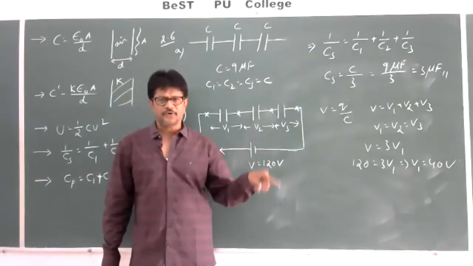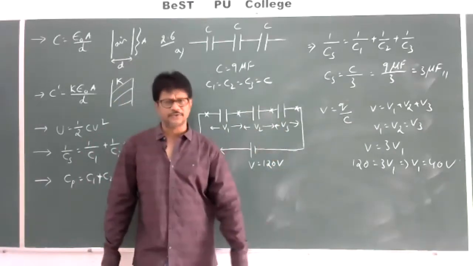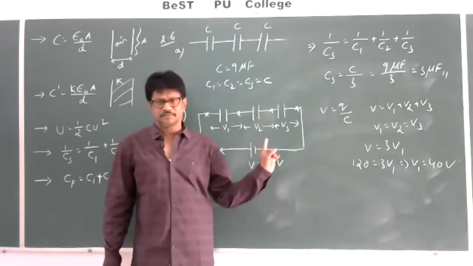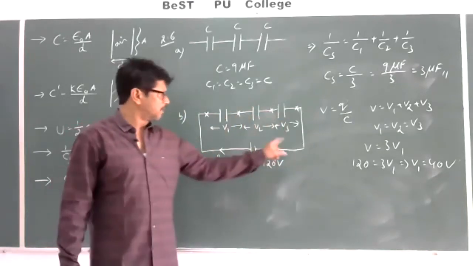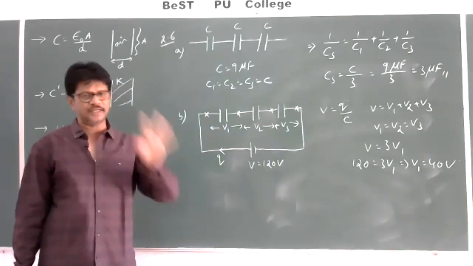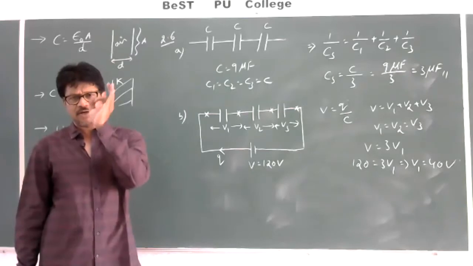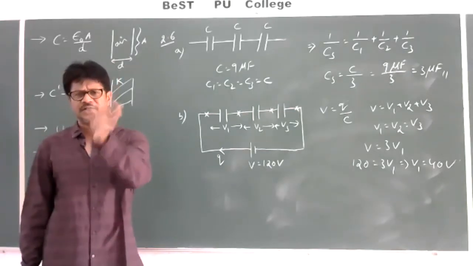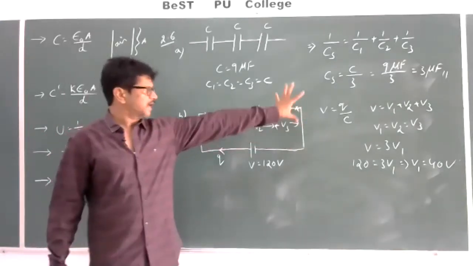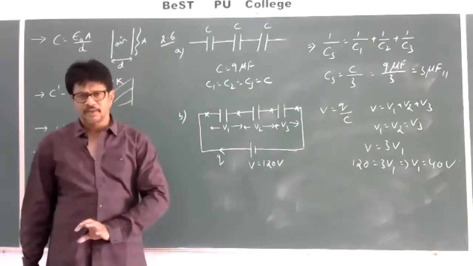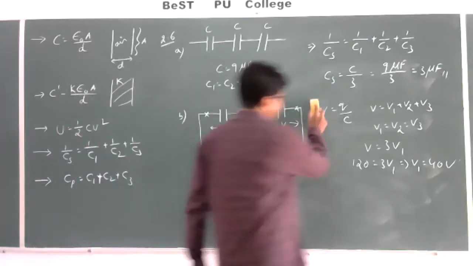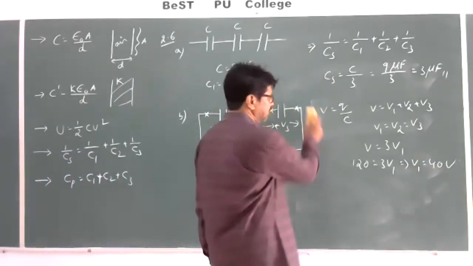Similarly, V2 is 40 volts and V3 is also 40 volts. Like that, without solving the problem, we can directly give the answer, because the fundamental criterion is that in a series combination, the charge remains constant. But as far as PUC is concerned, we cannot do it directly like this. We have to show everything in steps. So this is the shortcut method.